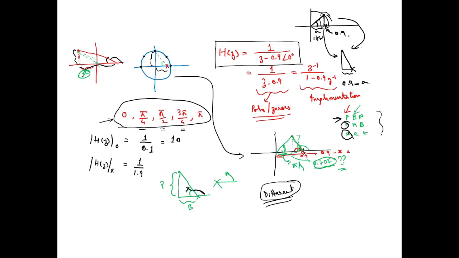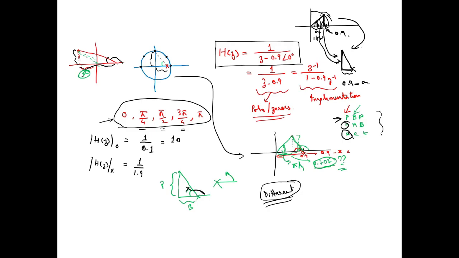Pi by 4. No, no, I am talking about this triangle, na. This perpendicular and this perpendicular are same, na. So if you find out this perpendicular, you get this perpendicular value.